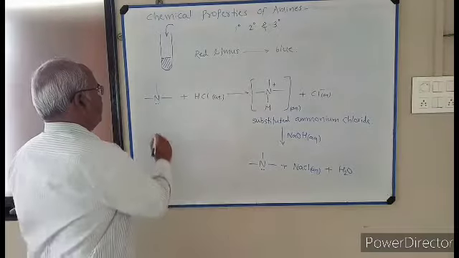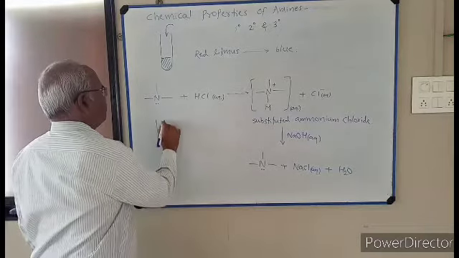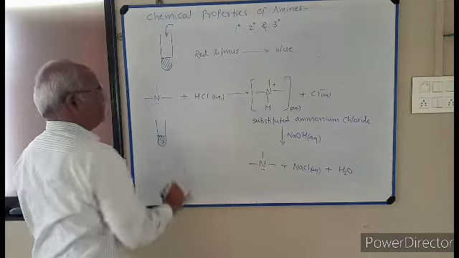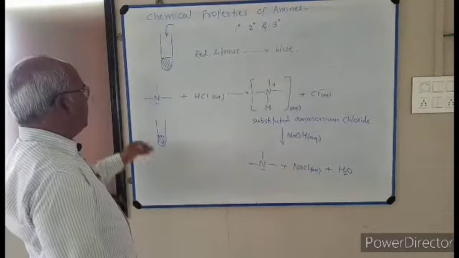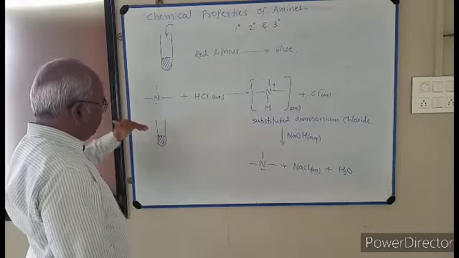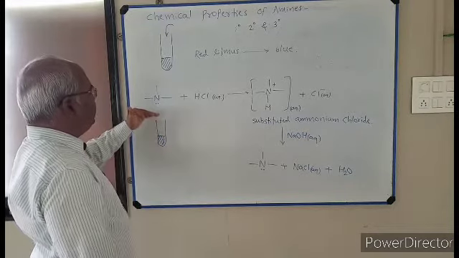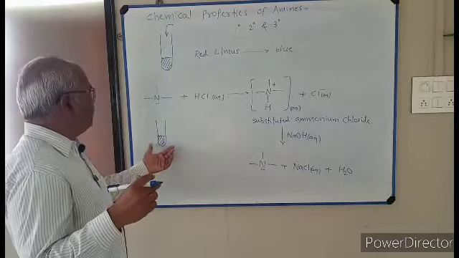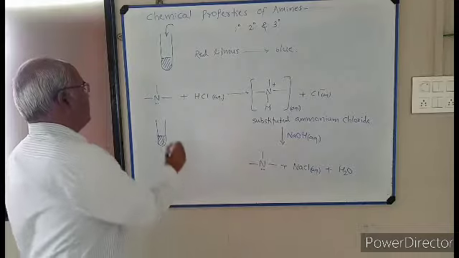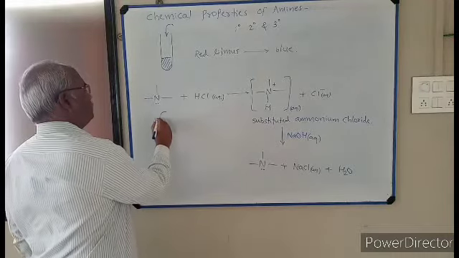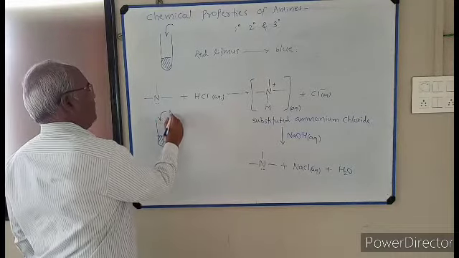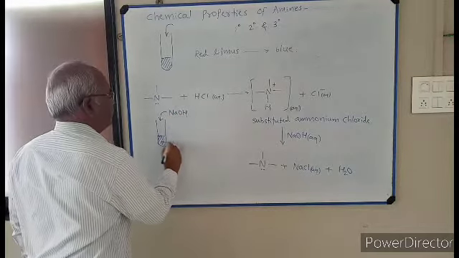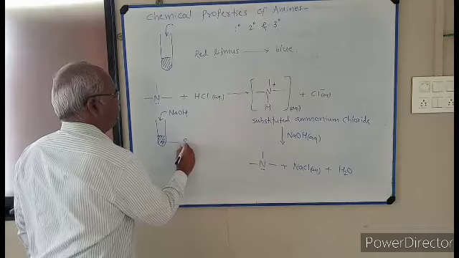That means when in a small test tube we take HCl, first you take base and then add HCl. Shake the test tube, the base will dissolve in HCl. And to this solution, if you add NaOH, the base gets reprecipitated.